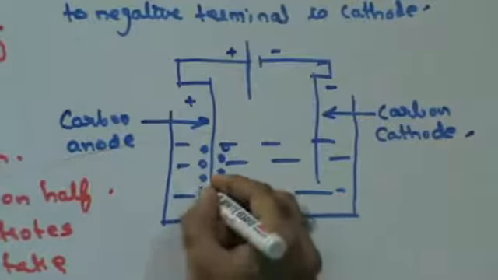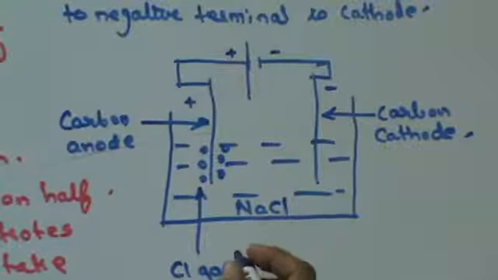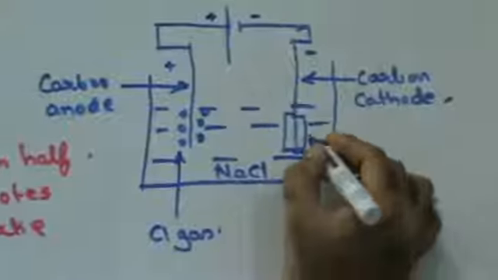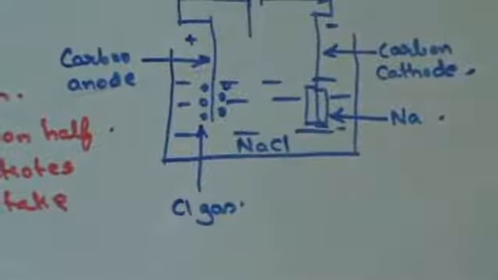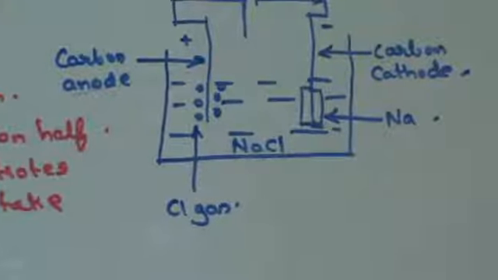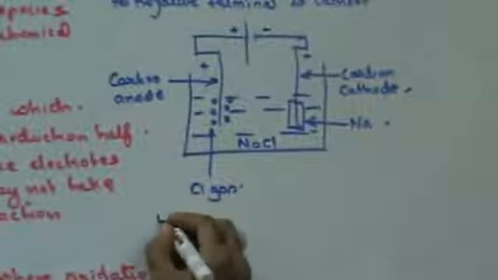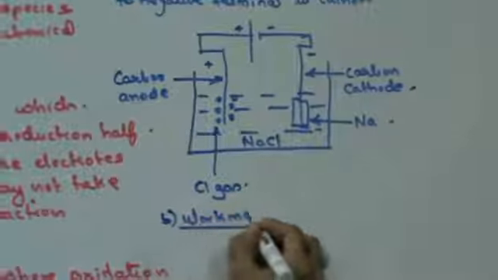This is chlorine gas, and you would see a layer of sodium on cathode. Right? So that is what your electrolytic cell would look like. The first part was the construction, the second part is the working of an electrolytic cell.